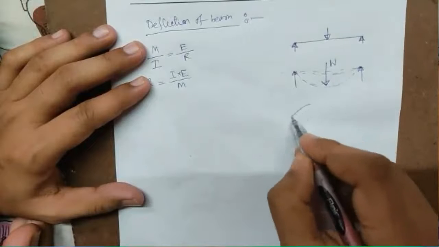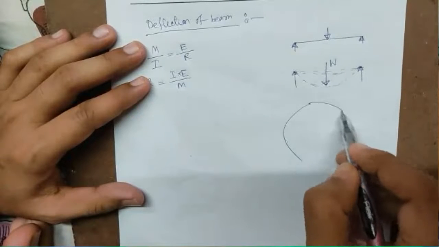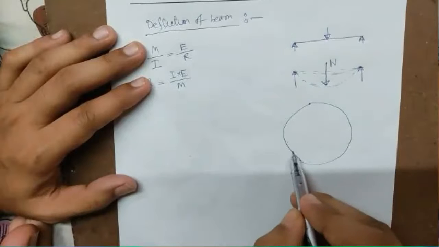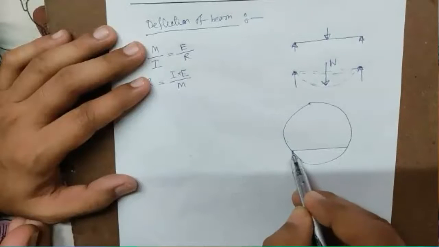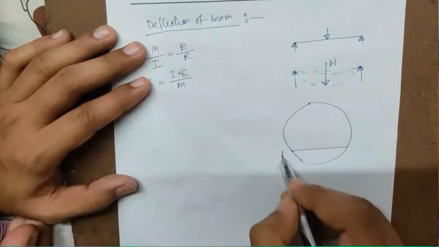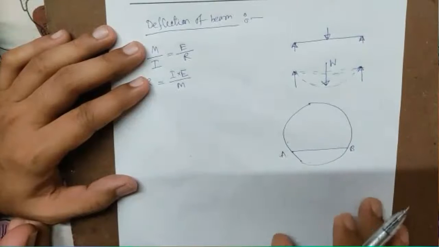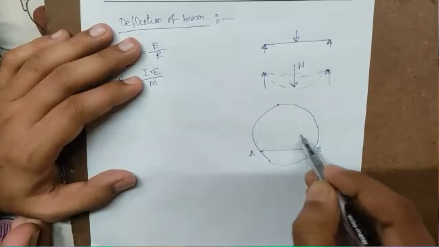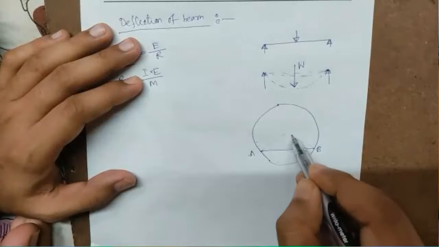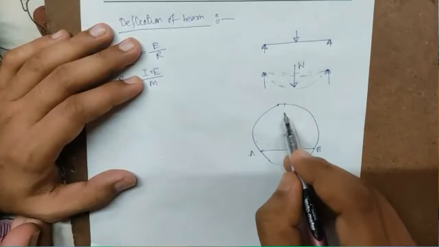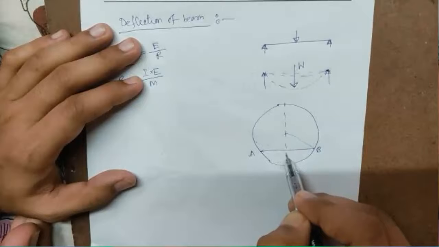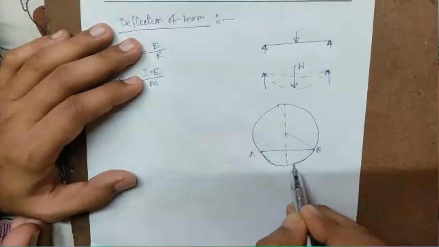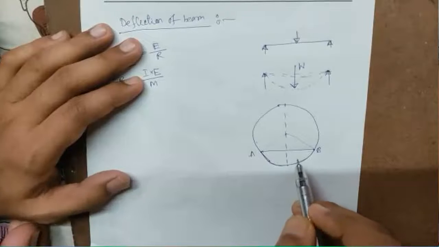suppose we have a beam AB. Now that AB takes the shape like this.